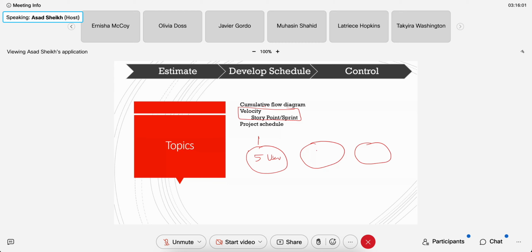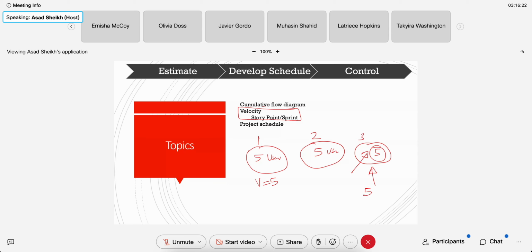In this sprint, you did 5 user stories. Sprint 2. In sprint 3, you are going to assume that your velocity is 5 and that you are going to take 5 and complete them. Why? Because here your velocity was 5.